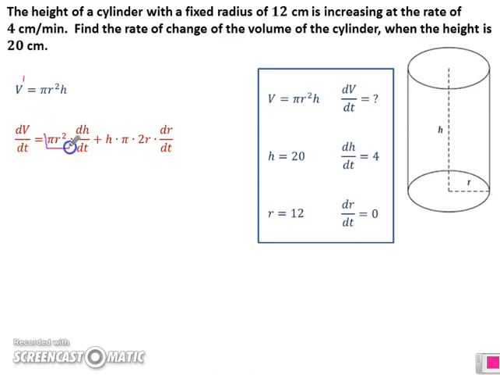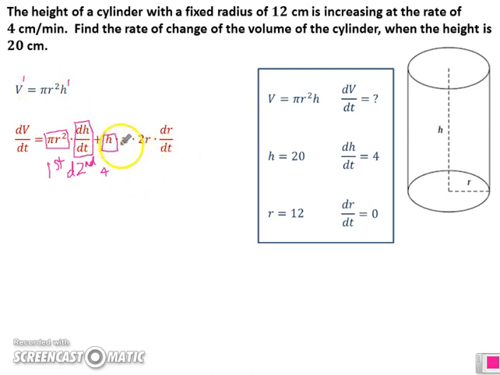This is the first piece times the derivative of the second piece. H to the first power is the same thing, 1 times h to the 0 power, and then we just took the derivative of h with respect to time. That's the first times the derivative of the second, plus the second, which is the h, times the derivative of the first.